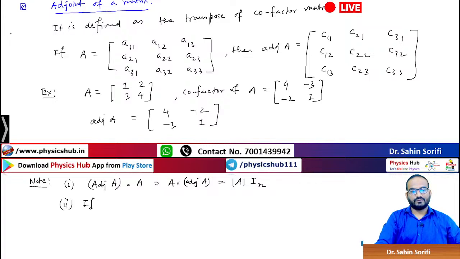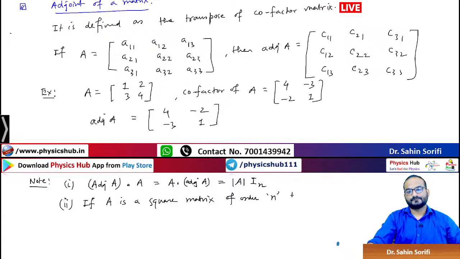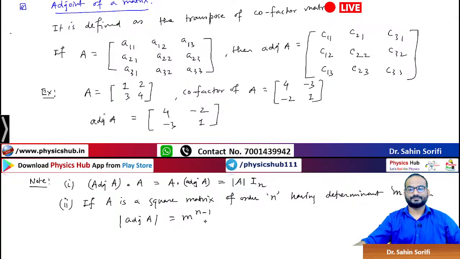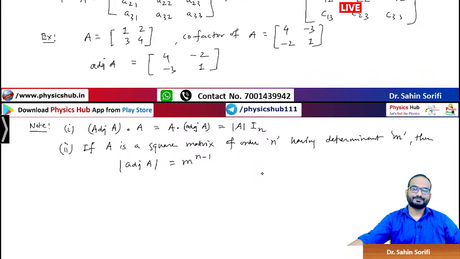Second, if A is a square matrix of order n having determinant, let's say m, then the modulus of adjoint of A will be m to the power n minus 1.